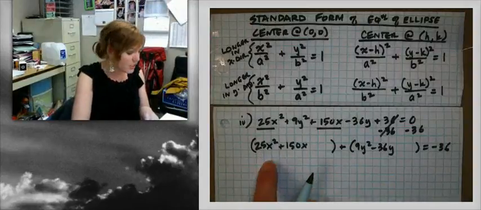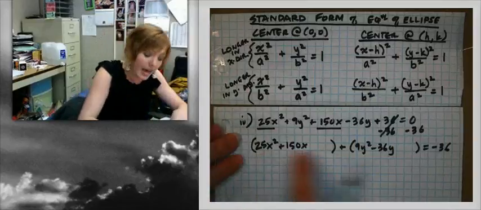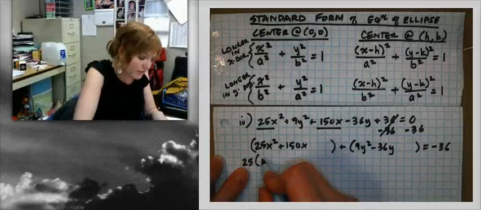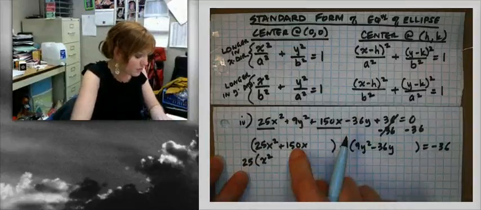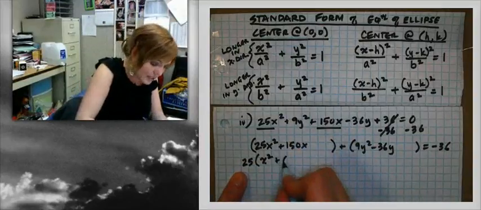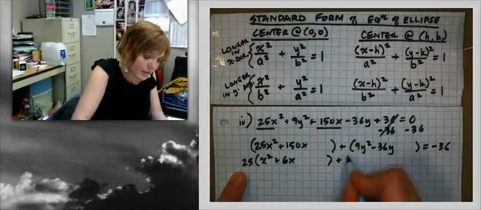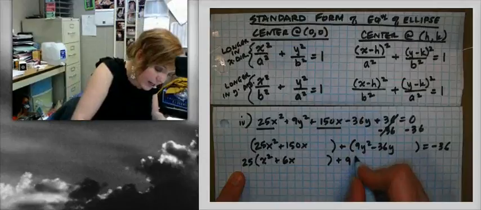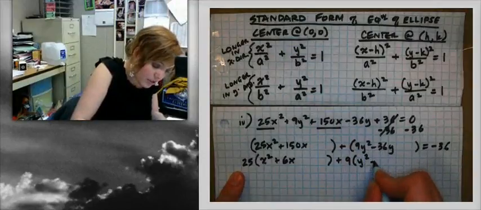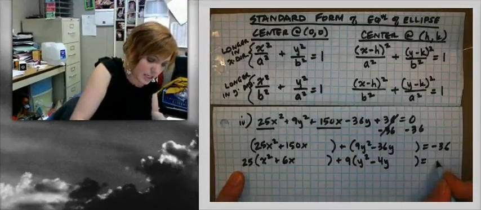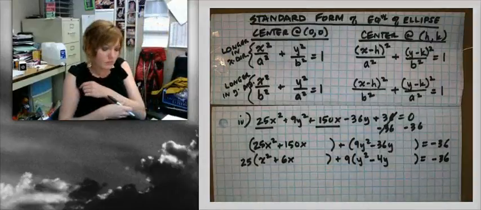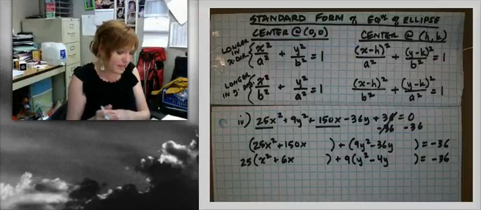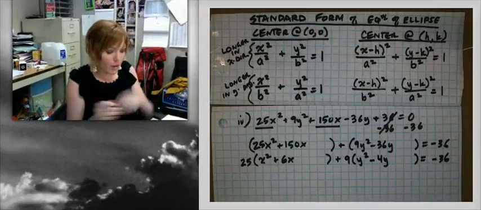So first we need to factor out a 25 from the x's. 25 divided by 25 leaves us with just an x squared, and 150 divided by 25 is 6, so plus 6x. Then we do the same thing here: factor out that 9, and we're left with y squared minus 4y in parentheses, equals negative 36. We are not going to do anything with the right-hand side yet.